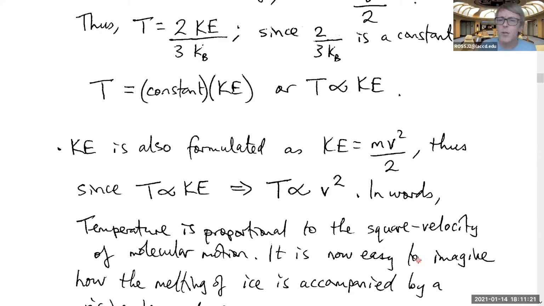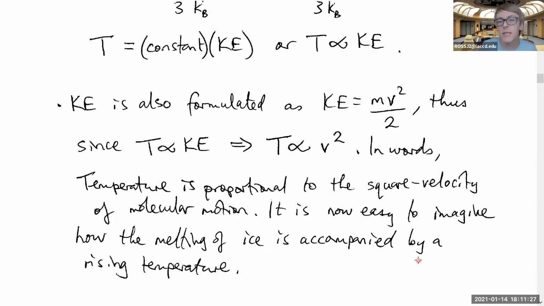So in words, temperature is proportional to the squared velocity of molecular motion. It is now easy to imagine how the melting of ice is accompanied by a rising temperature. Increase the temperature of ice, the water molecules in the solid will move quicker, and therefore they will jiggle each other apart and break the interaction between them.